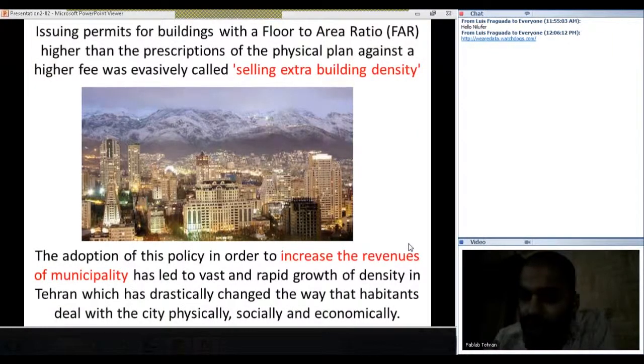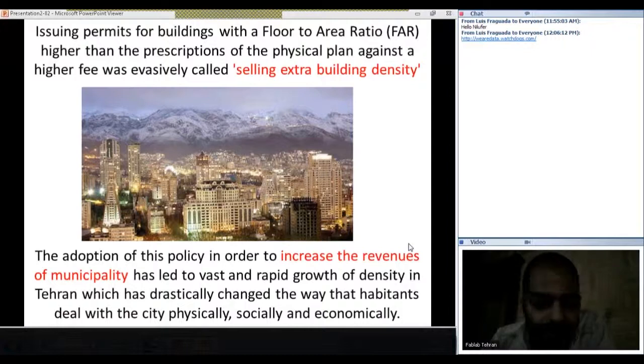This was because of many reasons, but maybe one of the most important was that the municipality has given many more density permits to the builders because they wanted more revenue for political purposes.